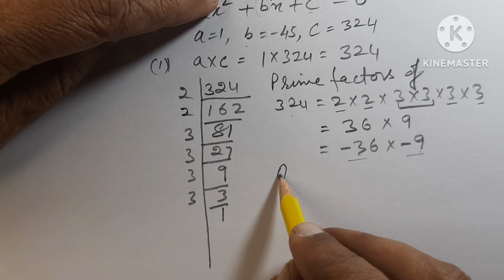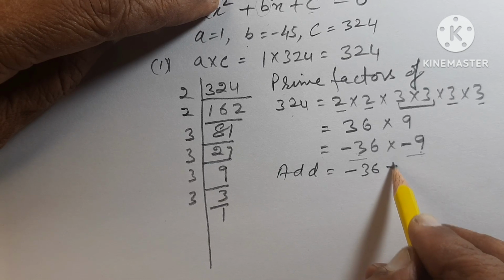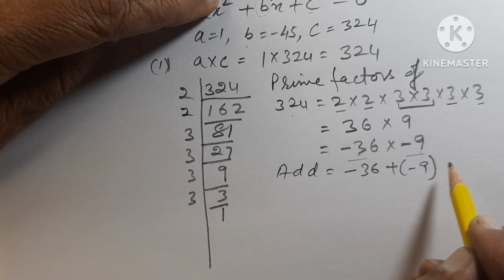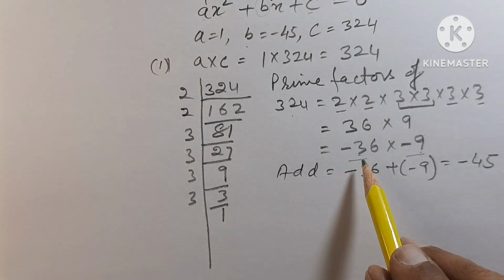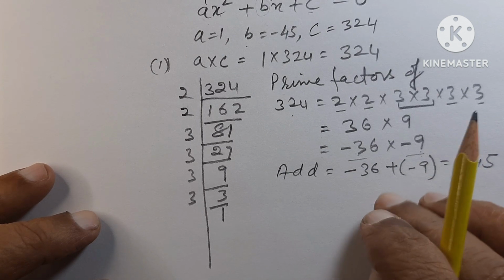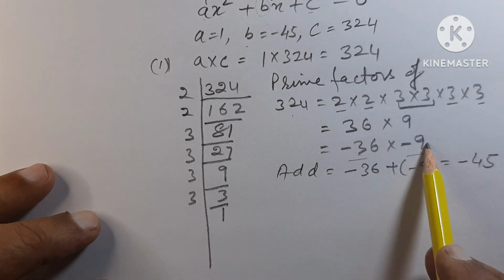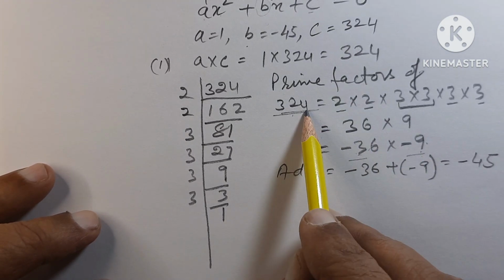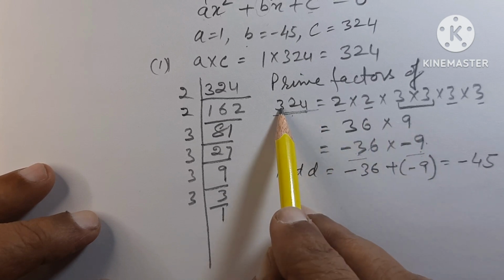You see, when you add these, you get minus 36 plus minus 9, which is equal to minus 45. So minus 36 and minus 9 are the two numbers which satisfy our requirement that their multiplication will be equal to c. 36 into 9 will be 324.